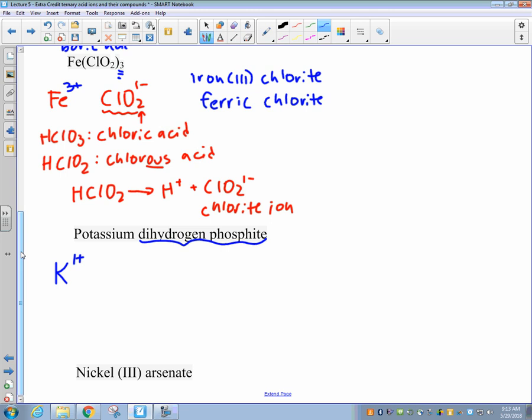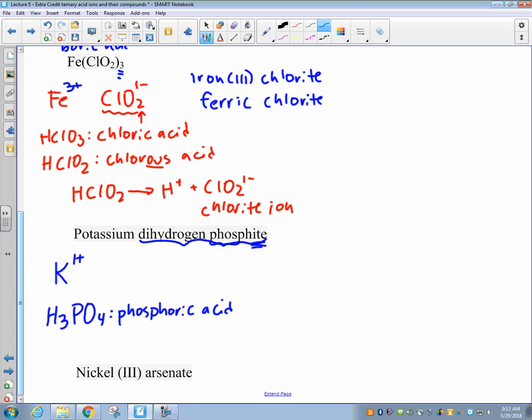And start by, again, looking at the ternary acid parent of this family. This root here is phos, which comes from phosphoric acid. Phosphoric acid, the parent acid of this family, is H3PO4. So this is phosphoric acid.